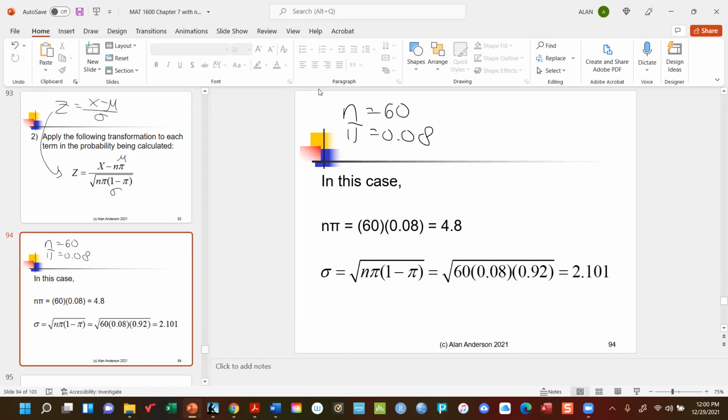So now these values: n times pi, or the mean, is 60 times 0.08, or 4.8. The standard deviation is the square root of 60 times 0.08 times 0.92, which is 2.101. So for each of the probabilities that we'll be calculating, we'll be subtracting 4.8 from x and then dividing by 2.101.